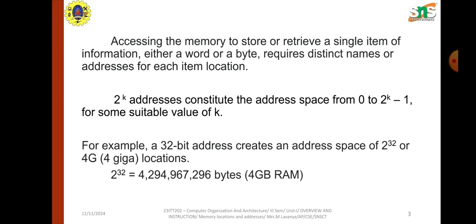So actually we need 4 address spaces, but the starting point is 0. So from 0 we will be assuming 4 consecutive address spaces. So it is 0, 1, 2 and 3. So the address space which was applicable for 2 power 2 is 0 to 3, and that is the meaning for 2 power k addresses constituting an address space of 0 to 2 power k minus 1.